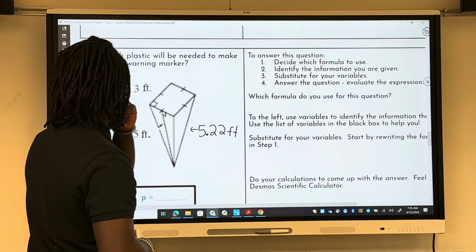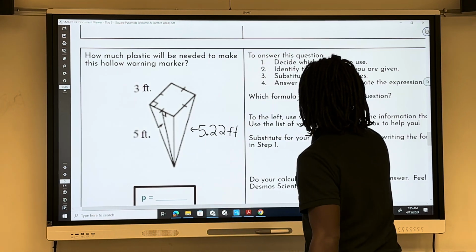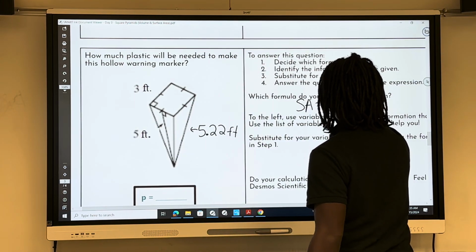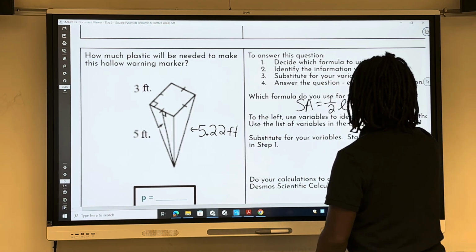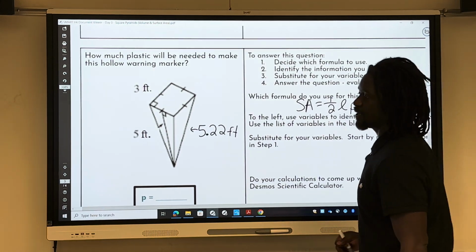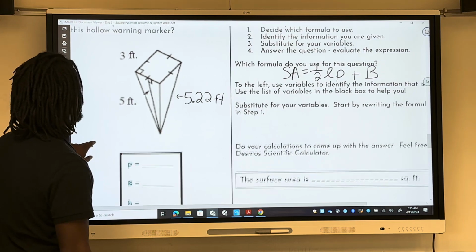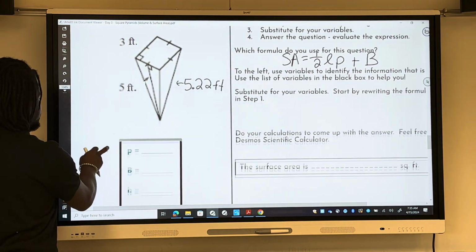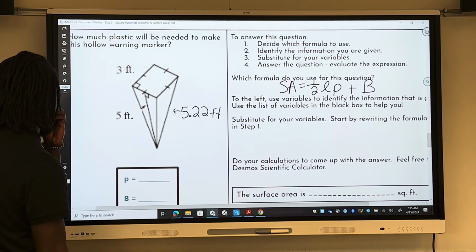And so to find the surface area of this square pyramid, I'm going to write down my formula. It is 1/2 times the slant height times the perimeter plus the area of the base, okay? And then I'm going to identify my information. Again, this time I do not need the height. I need the slant height, all right?